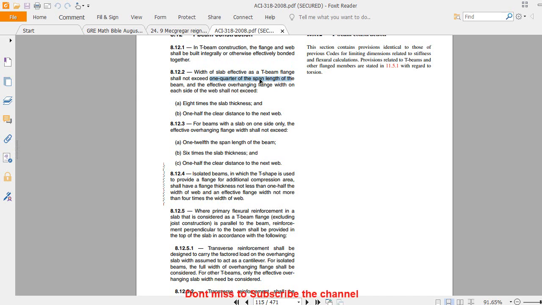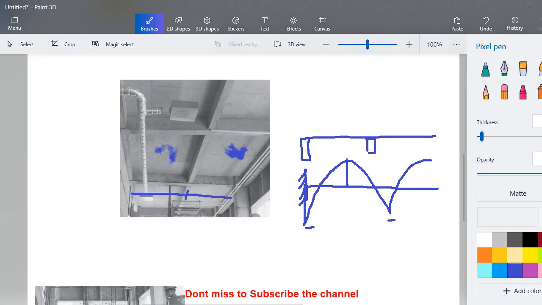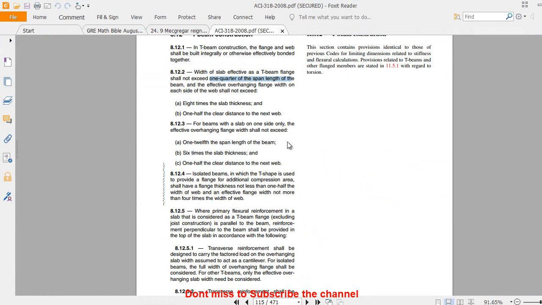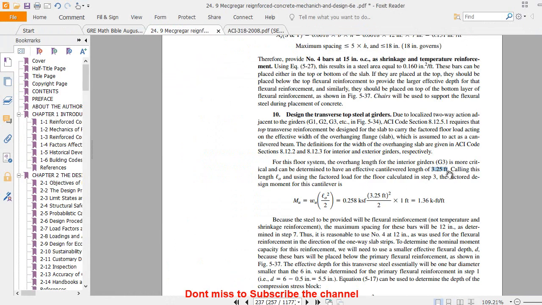That is 15 feet. If you divide 15 by 4, you get that value, roughly 3.25, about 3.27 feet. Okay, now we will calculate wu ln squared divided by 2.